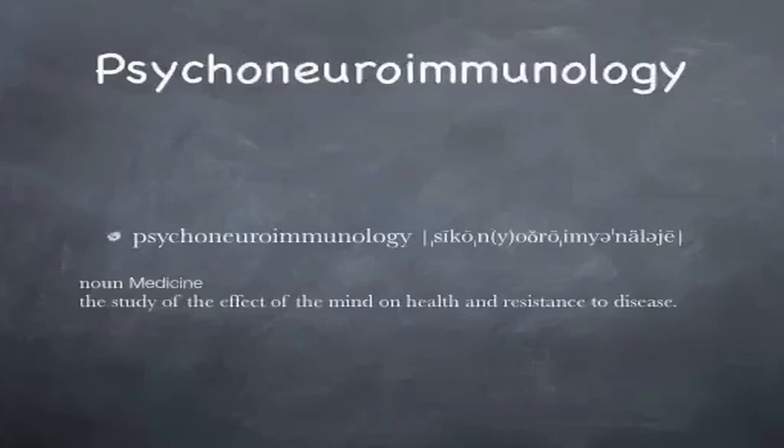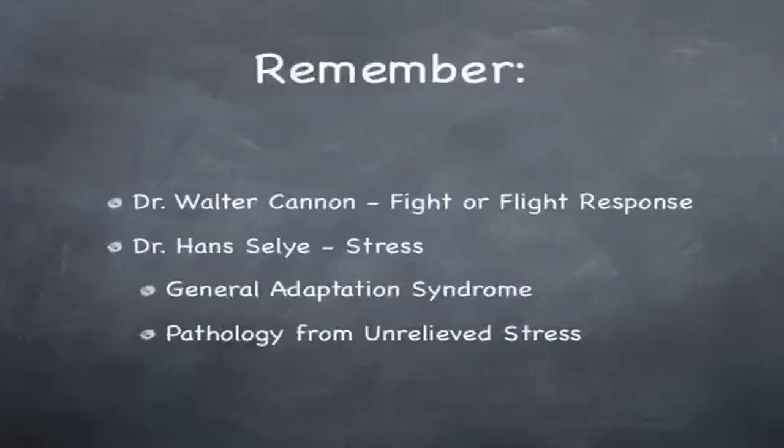And what it's looking at is how our psyche, that is to say how we think, how we feel, how we relate to other people, influences our neuro, that is to say our brain and our nervous system, which then in turn influences our immunology, that is to say our immune system, and how we respond to challenge in the realm of our immune system, either to resist the challenge and to stay well, or to be overwhelmed by the challenge and to get sick.